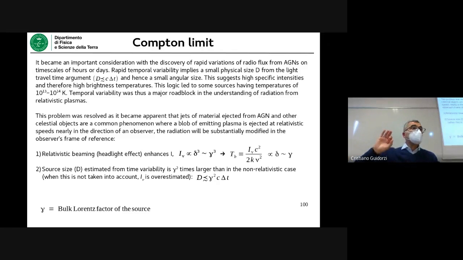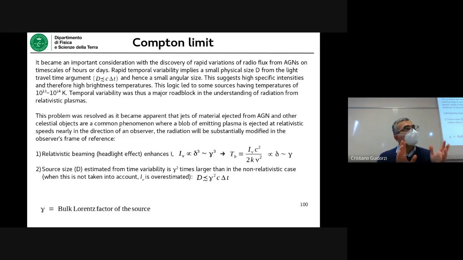So when you calculate intensity, you calculate flux over angular size. You are dividing by something which is much smaller than what you should really use. And that brings you to an overestimation of the intensity. So these are two independent aspects, both strongly connected with the ultra-relativistic motion.